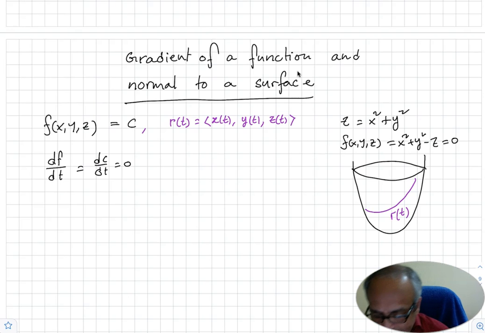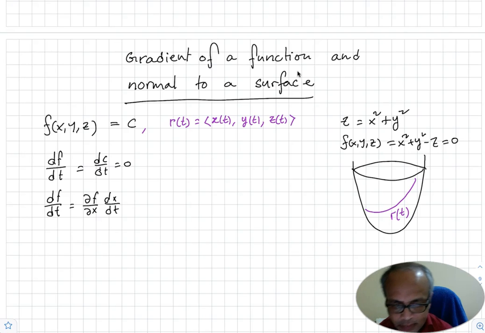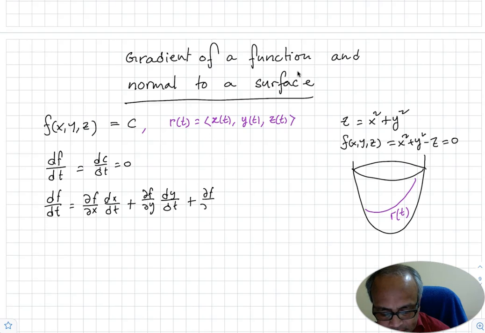Okay. So now df/dt, the derivative of f with respect to t, but since f is a function of x, y, z, we can use the partial derivative of f with respect to x, use the chain rule, dx/dt, plus df/dy dy/dt, plus partial f partial z, or I would say df/dz, dz/dt, and this equals 0.